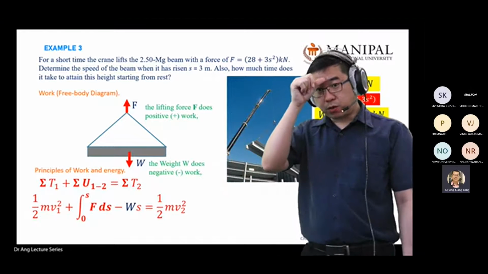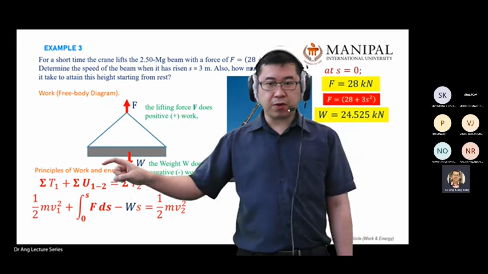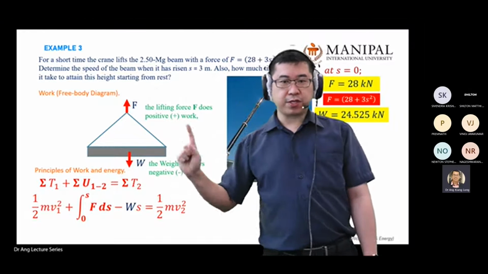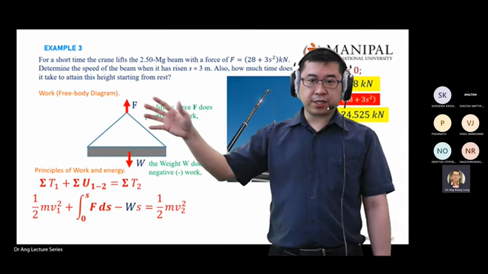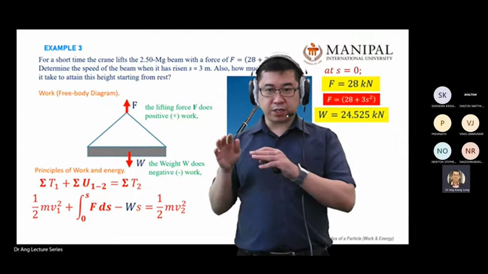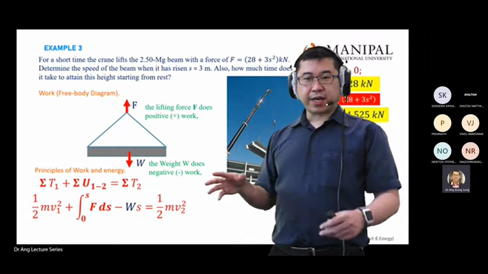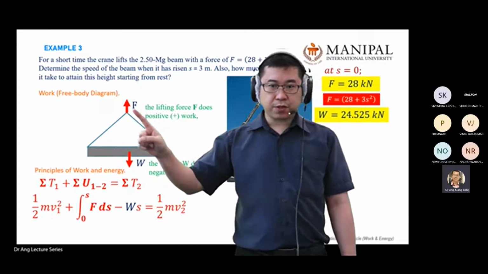So the main point for calculating the work here, you need to consider all the forces inside the diagram. As long as inside the diagram you have forces, you need to consider if that individual force has a displacement or not. Usually have. So the first one is force.